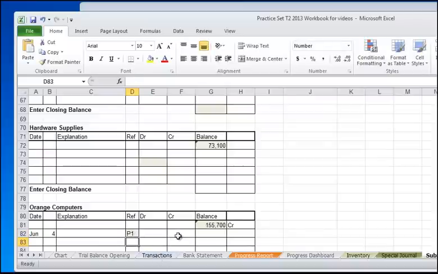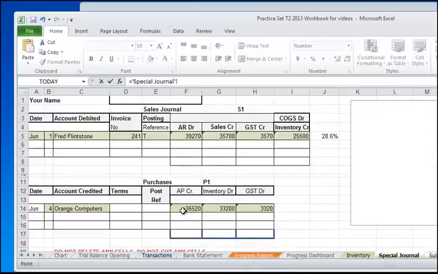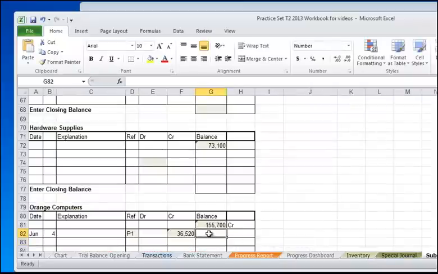Now we've made a purchase, so that's going to increase, that's a credit. And again, we see here credit, 36,500. So we take the balance, we deduct from it any payments, which we've made none, and we add to it any purchases, which we've made. That gives us our new balance, 192. Again, we can see it's gone green, but really quite a pale green.